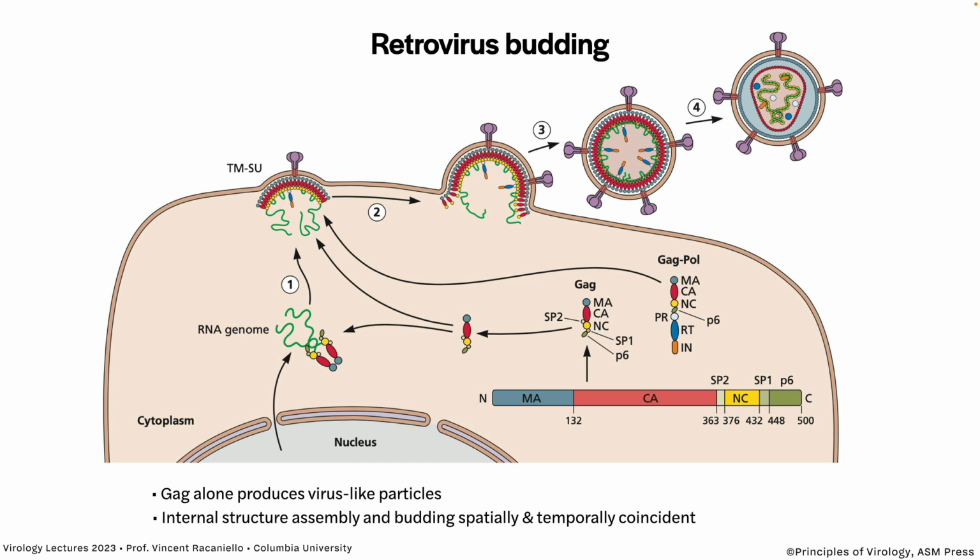That whole assembly eventually buds out, but it's not yet mature. It undergoes a final maturation step, which involves the protease in the particle cleaving the GAG into its individual components, right? Because you've made this particle, you still have GAG and GAG-Pol in there. You have to liberate all of those individual proteins.